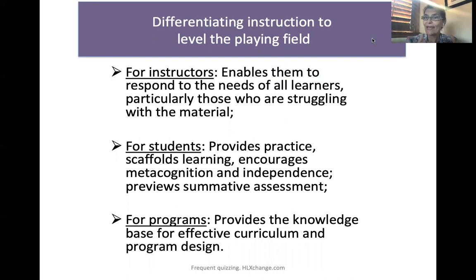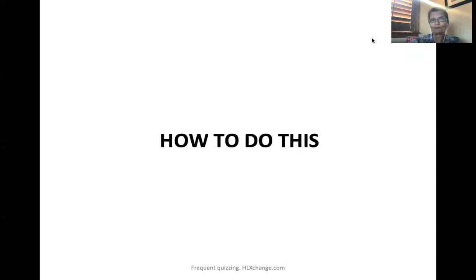It encourages metacognition and independence, which is exactly what we want in a differentiated classroom. And it previews summative assessment, so students have a sense of how they're going to be tested in the high stakes assessments. For programs, it provides information that over the course of time can be used to improve curriculum design.